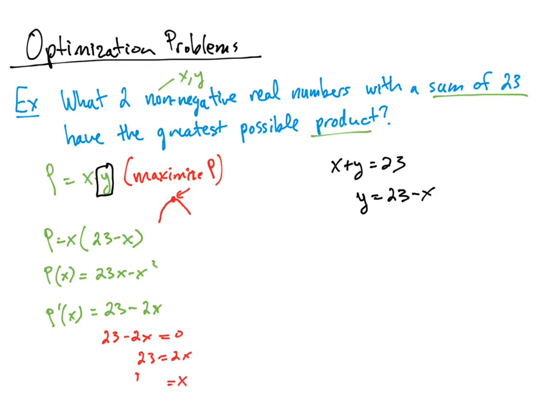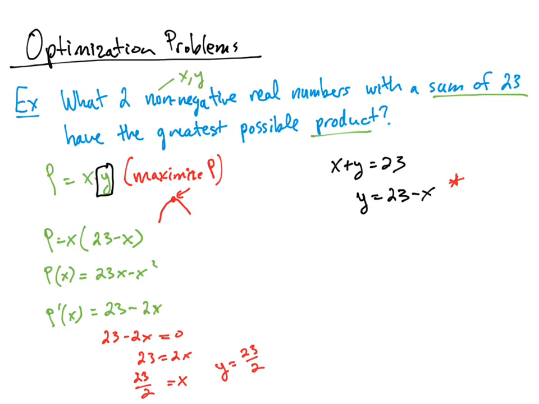So we get x is equal to 23 over 2. That is a non-negative real number. And then to find the second value, we can just substitute that into this equation over here. So y equals 23 minus 23 over 2. So we're going to get a y value that's also 23 over 2.